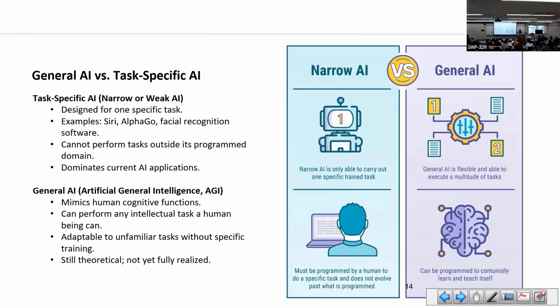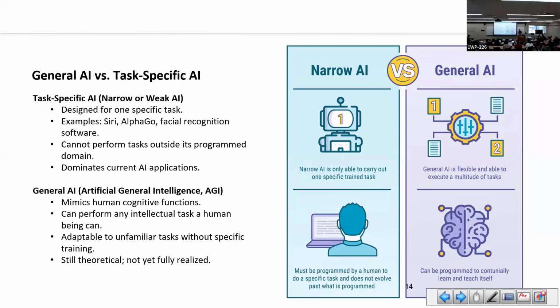But we know that we have another type of AI called general AI. Although general AI is not well developed, it can already have some applications in domains like textual data, right? ChatGPT is a kind of general AI in textual data. It can mimic human cognitive functions, perform any intelligent task human beings can, and be adapted to unfamiliar tasks, even if we did not train on this type of data.